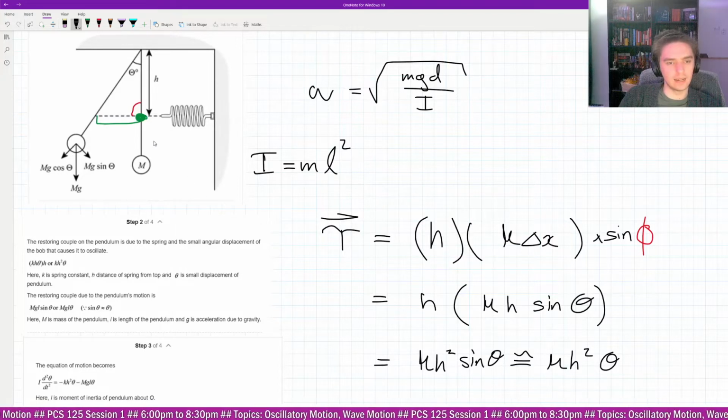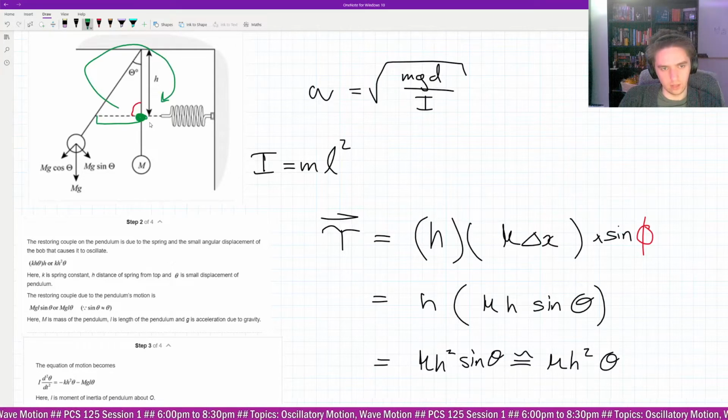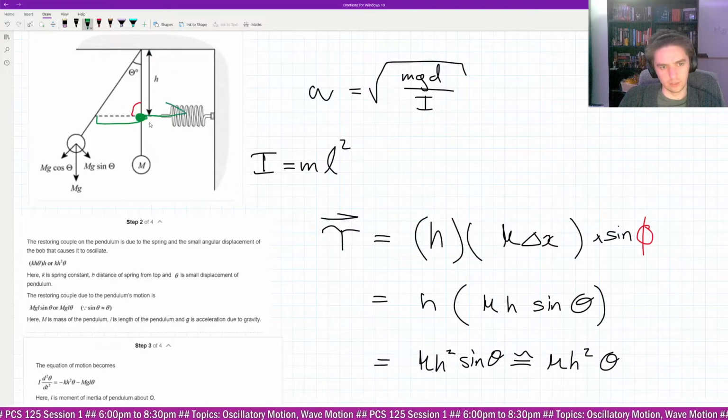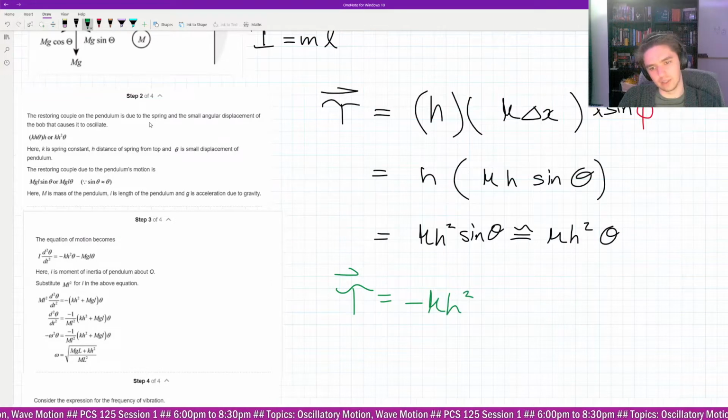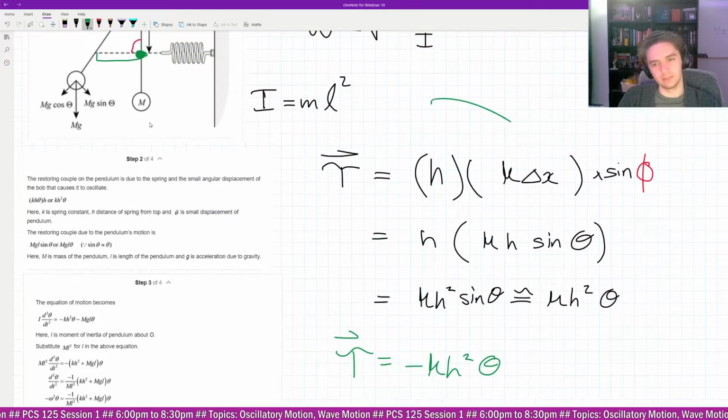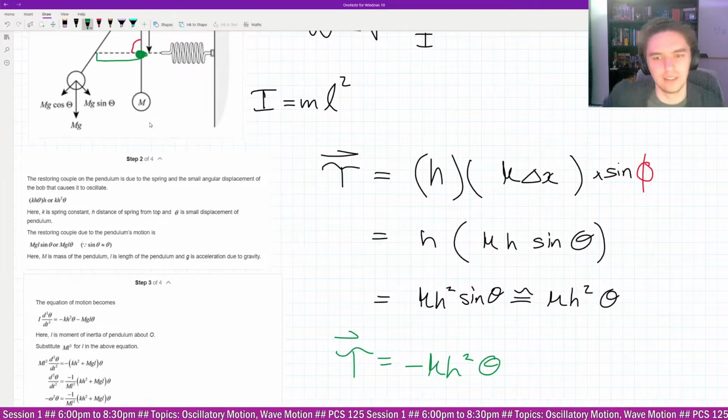This force is pushing this way, that's clockwise. Or is the force pushing this way? The force is pushing towards the wall. Okay, so the torque from the wall is negative kh squared theta. Hopefully that makes sense how we got to that.